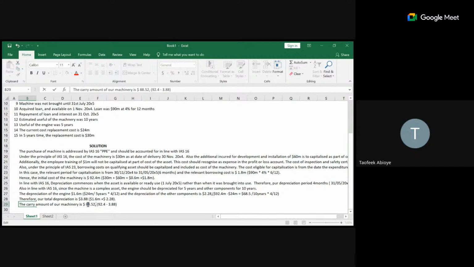So that's our carrying amount. So we have gotten our depreciation, we have gotten this, we have gotten that.